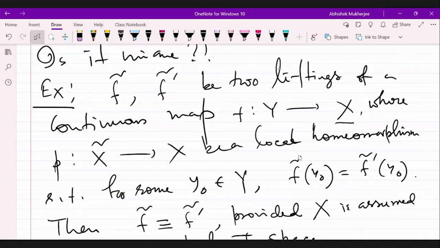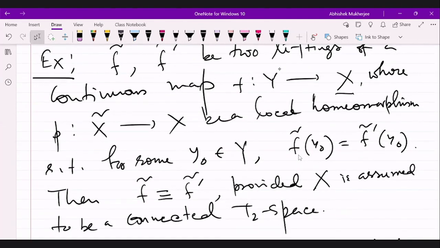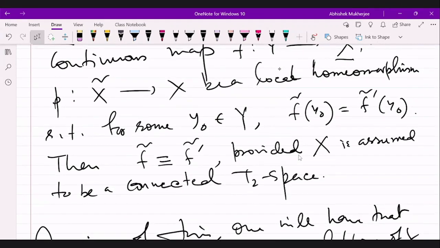Yes. Okay. Thanks, just making sure. Yeah, sorry, that should be Y. Yes, thanks a lot. Because the unit interval is connected and T2.